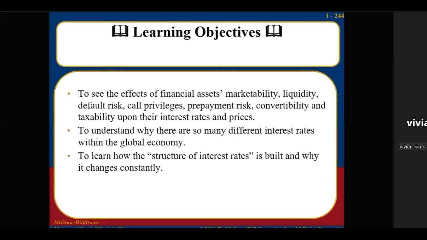The assets are not the same on the market, so interest rates are not the same either. And we even have different markets, the types of markets that we have and the characteristics associated with each particular market. And also we look at the structure of interest rates, how it is built and how it changes constantly, and see why it is so difficult to forecast interest rates and financial asset prices accurately.